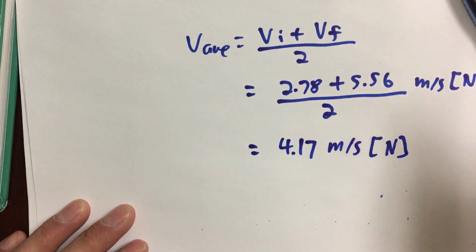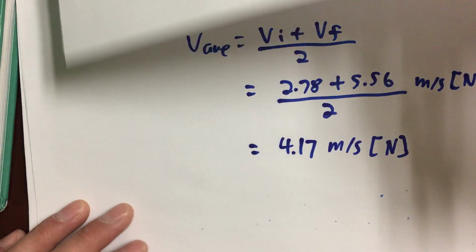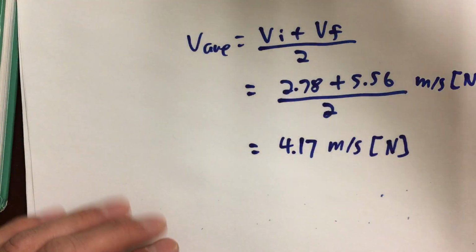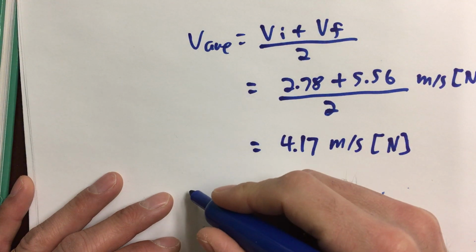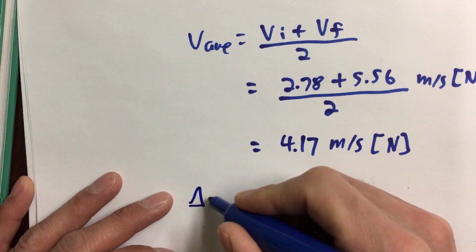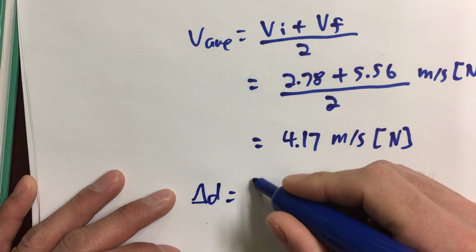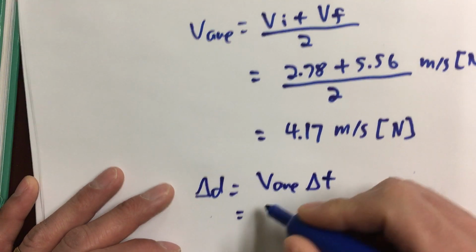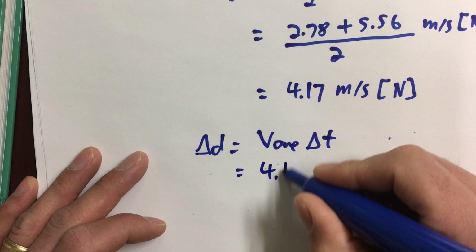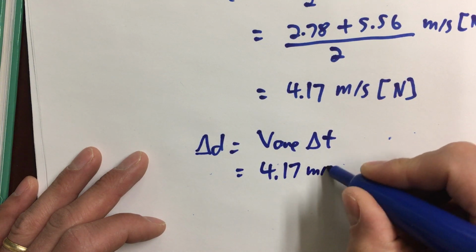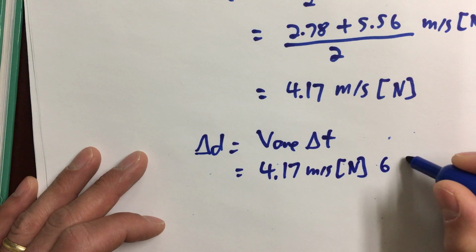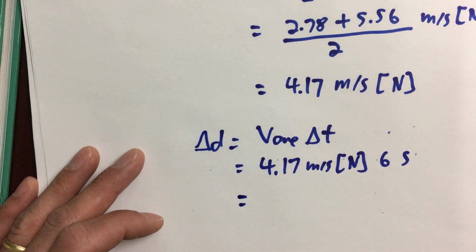And now that I have that average velocity, and remember our time is 6 seconds. So our displacement is our average velocity times time. In this case, it is 4.17 meters per second north times 6 seconds.